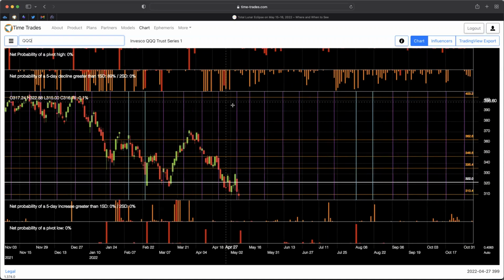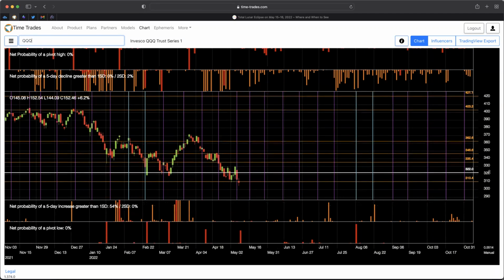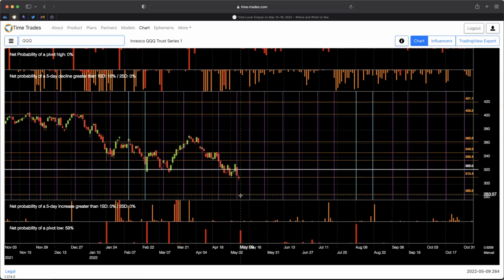On the QQQ, we've got a pivot low on May 9th. That's Monday. So this is another reason why I believe we are likely to see a continuation of this move down, finding support at the next lowest magic level, which below 310 is actually quite low, 285.